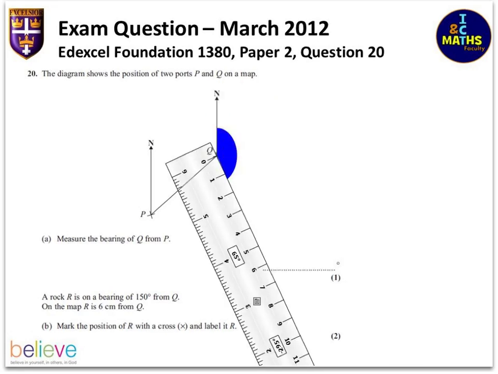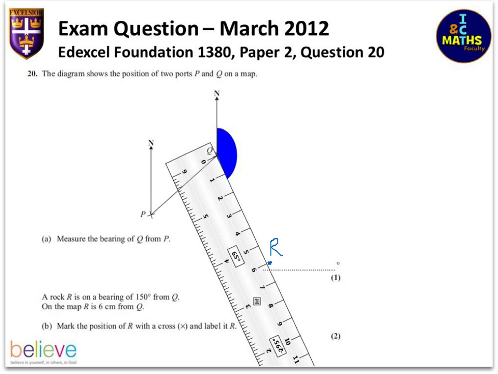And still having that blue angle, my next thing is I needed to use my ruler and measure a distance of 6 centimeters. So this should be pretty straightforward to do. Okay, so I make my mark there, and that is the place R. It's, as you can hopefully see, 6 centimeters from Q, and this blue angle made sure that it was a bearing of 150, and that would be enough to get me both of the marks for that question.